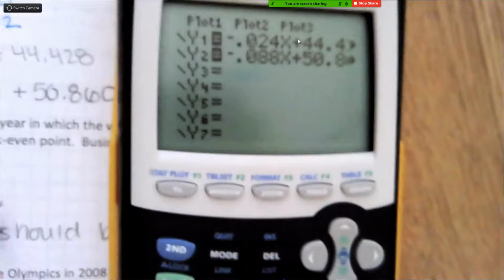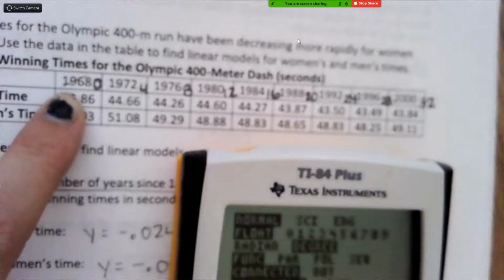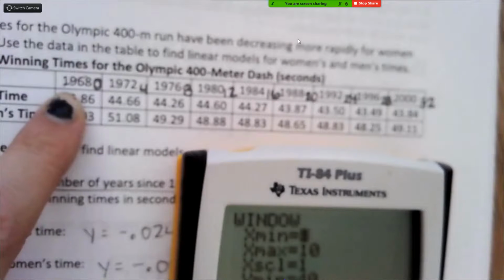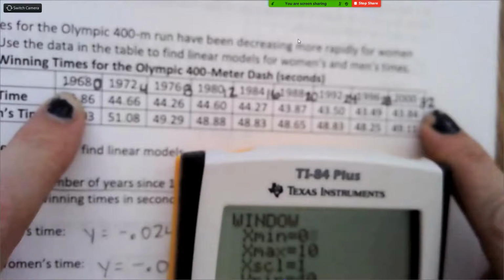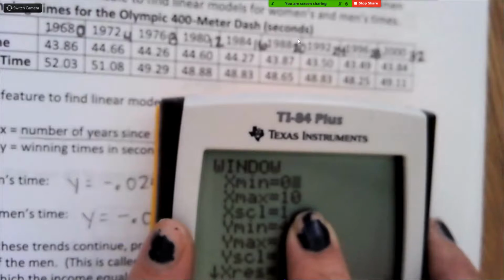So again, we're looking at years and times. So we know at a minimum, my domain is going to be 0 to 32. But it's going to take a long time for the women to catch up to the men.